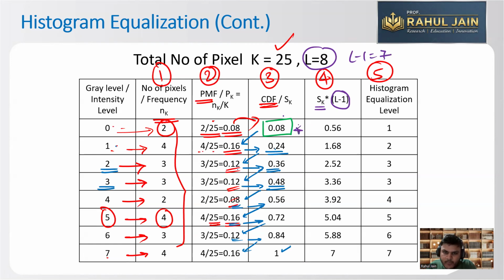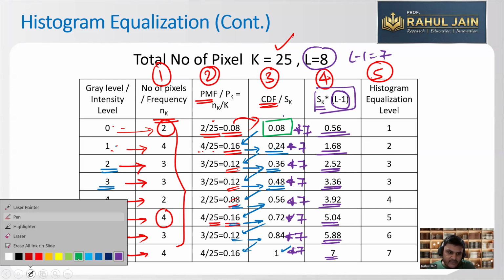I have to multiply 0.08 with 7, the answer is 0.56. 0.24 with 7, the answer is 1.68. 0.36 with 7, the answer is 2.52. 0.48 with 7, the answer is 3.36. 0.56 with 7, the answer is 3.92. 0.72 with 7, the answer is 5.04. 0.84 with 7, the answer is 5.88. And 1 with L minus 1, 7, the answer is 7. These are the Sk times L minus 1 values.